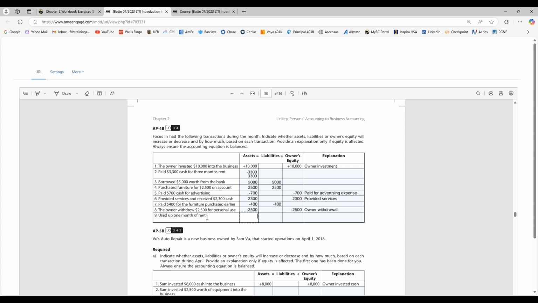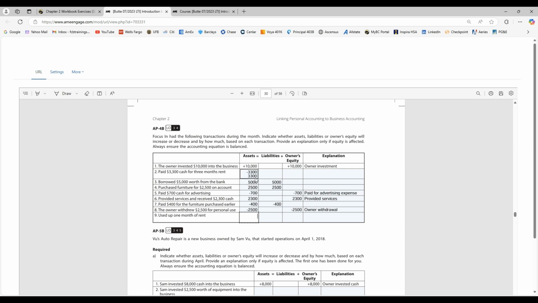And then here, as I mentioned earlier, used up 1 month of rent. In the example above, we prepaid 3 months rent, and I think what they're getting at with this problem is that the first month has elapsed. Maybe this was January 1st, and now we're at the end of January, and we're saying 1 month has been used up.